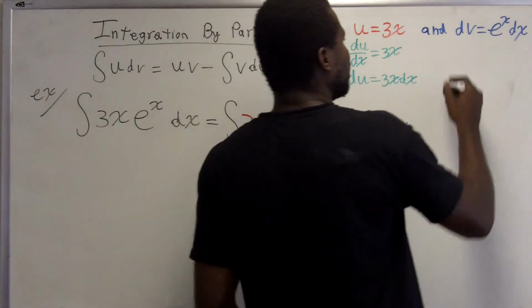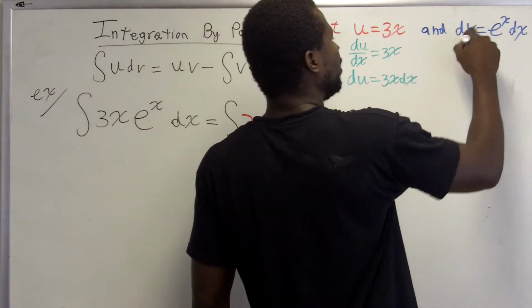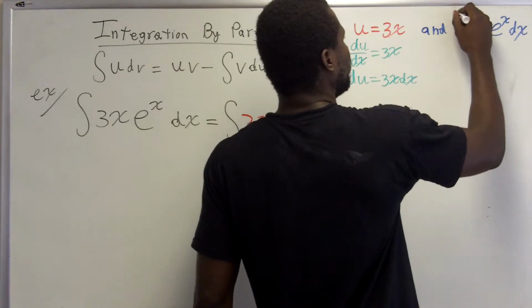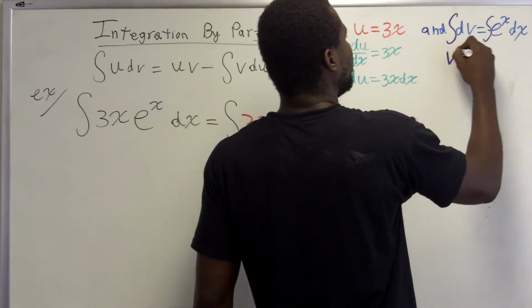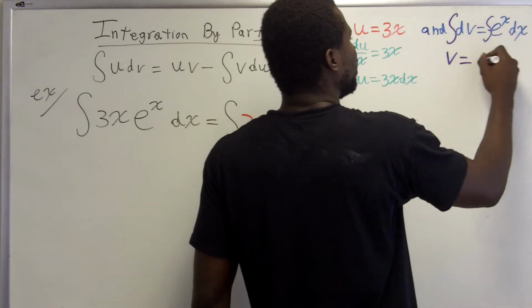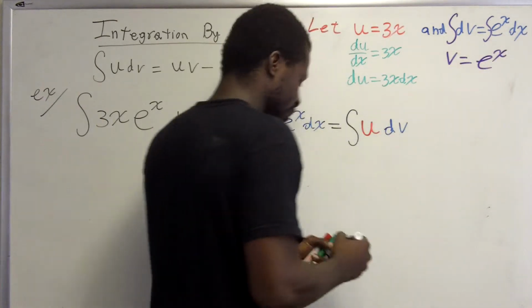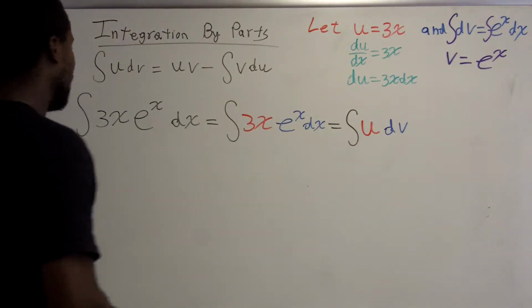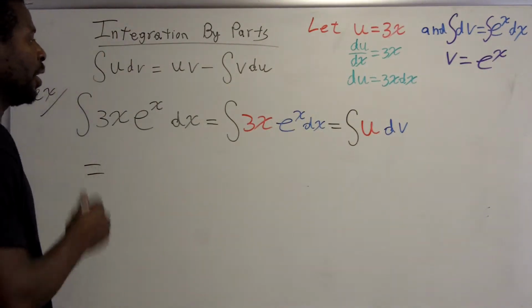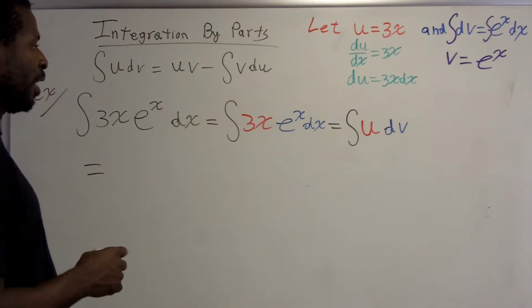I can integrate both sides here, and if you integrate dv, you get that v is equal to, and the integral of e to the x dx is e to the x. So we have this, and we can actually go ahead and find the integral.